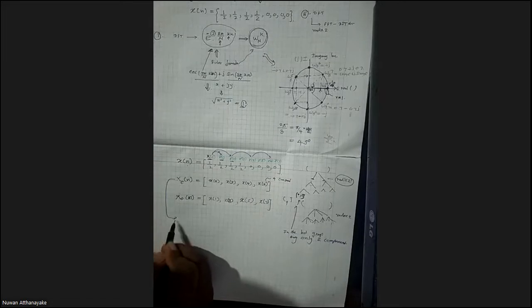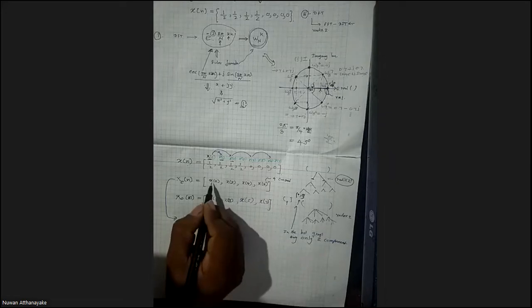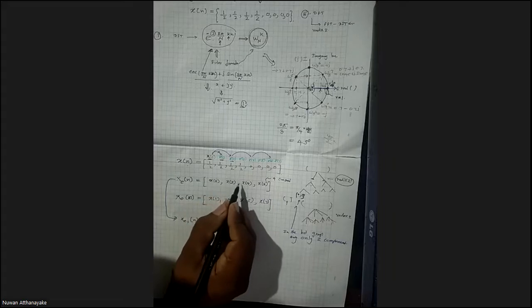Again, we have to group. Then we have to group this one also. Let's say it is xe1 or something. Again, when I am grouping, I have to group with the next one, so I group this one with this one.